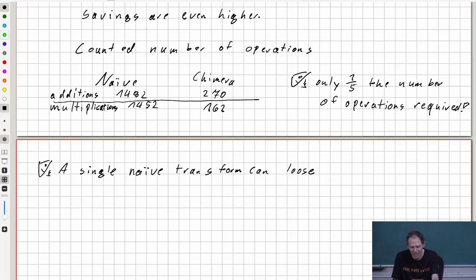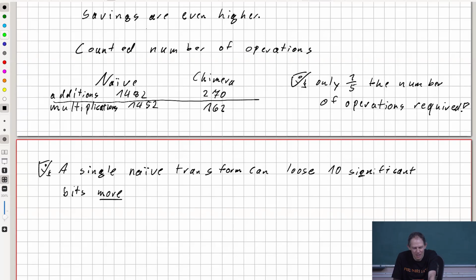And in fact, the naive transformation can lose up to 10 significant bits. So this is what I have observed. I mean, there's no proof that this is often the case. This was just in this particular case, but this is what I observed. It's not that the Chimera transform is perfect.